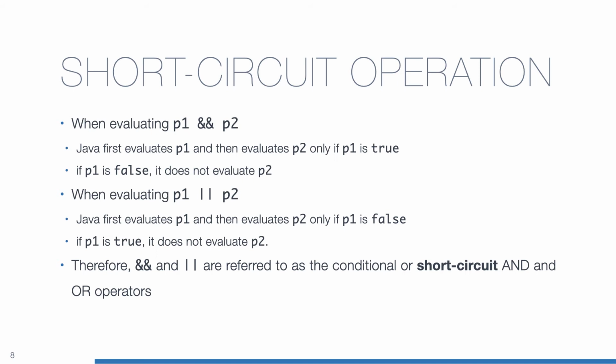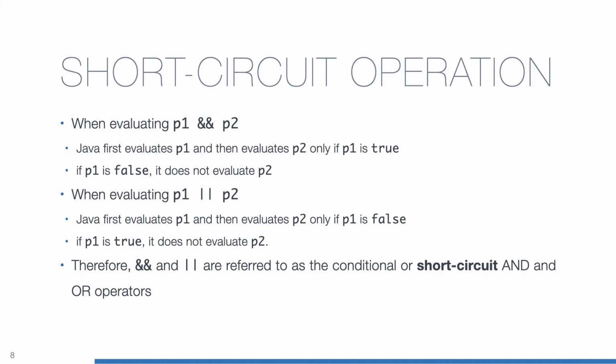Well, if P1 is false, then there's no way for this entire statement to result in true, because as we said in our truth table, an and expression is only true when both values are true. So if we check P1 and it results in a false, then we don't need to look at P2 and evaluate that.